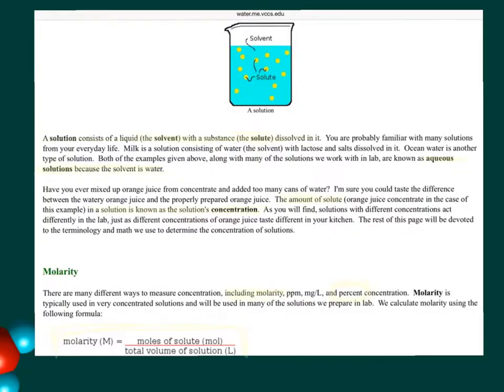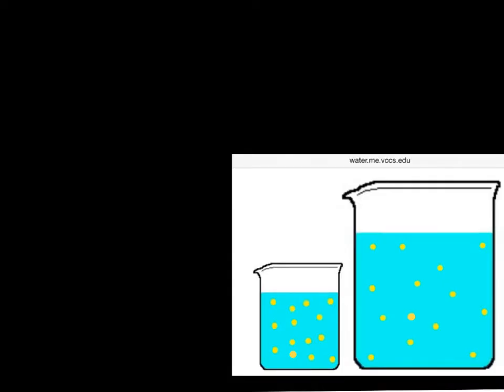I'm going to write down the formula for molarity, and for each of your calculation problems, you should do the same. This is going to be an easy formula for us to manipulate when we are solving for our unknown variable, but we still need to make sure that we're writing it down and showing all of our work.